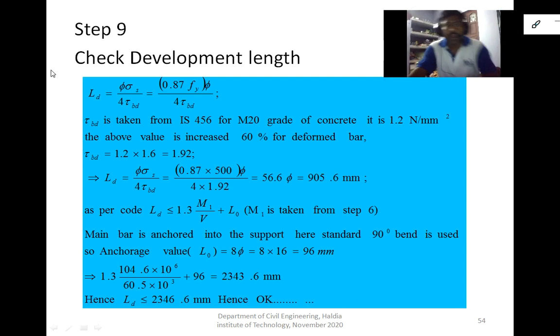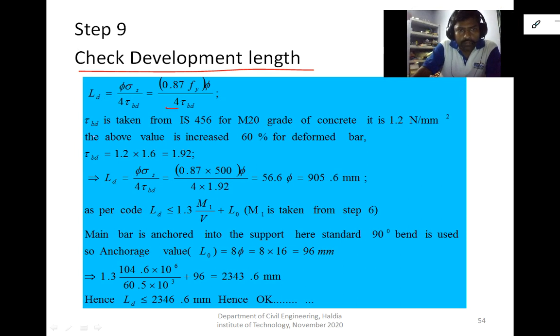Now in step 9, the very important check, that is, check development length. First we find out development length using the expression, which is phi sigma s by 4 tau bd, and tau bd is taken from IS 456 for M20 grade of concrete.